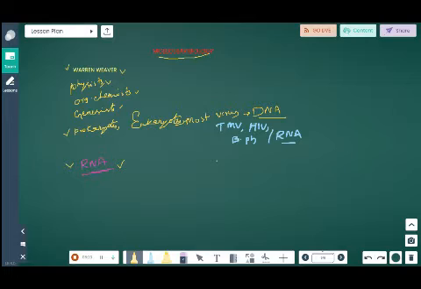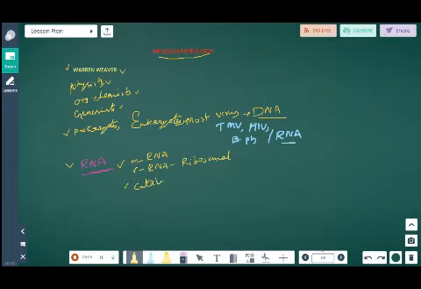It acts as messenger RNA, and has a structural role like rRNA, that is ribosomal RNA, in ribosome formation. Next, catalytic RNA. It also participates in catalytic activity.